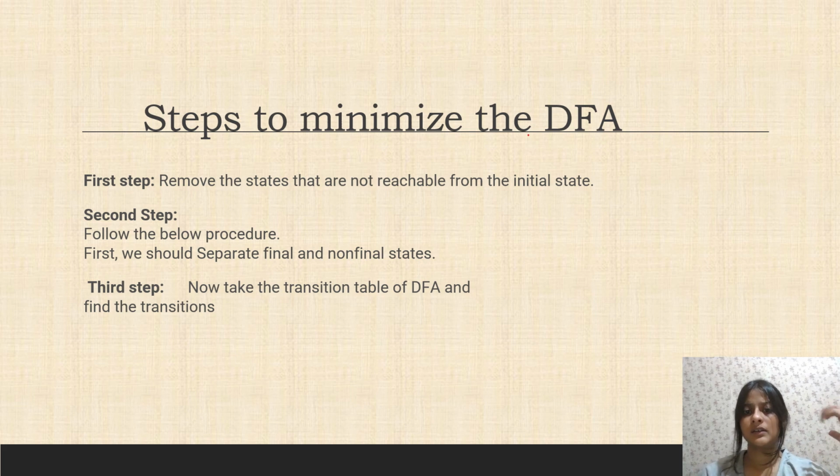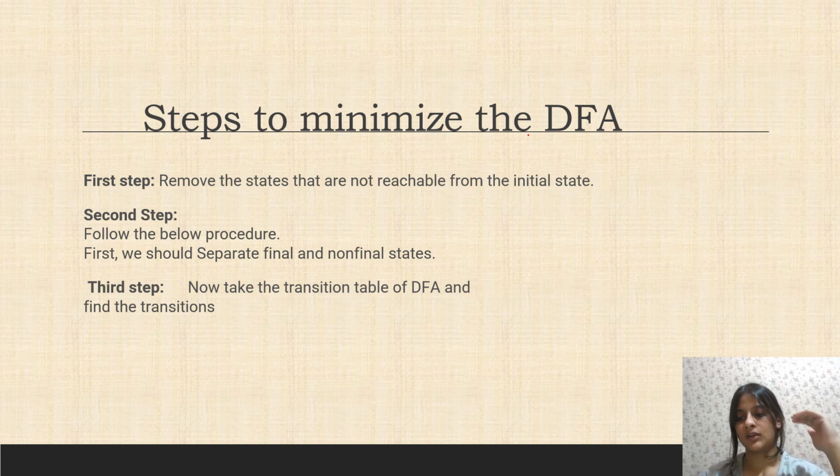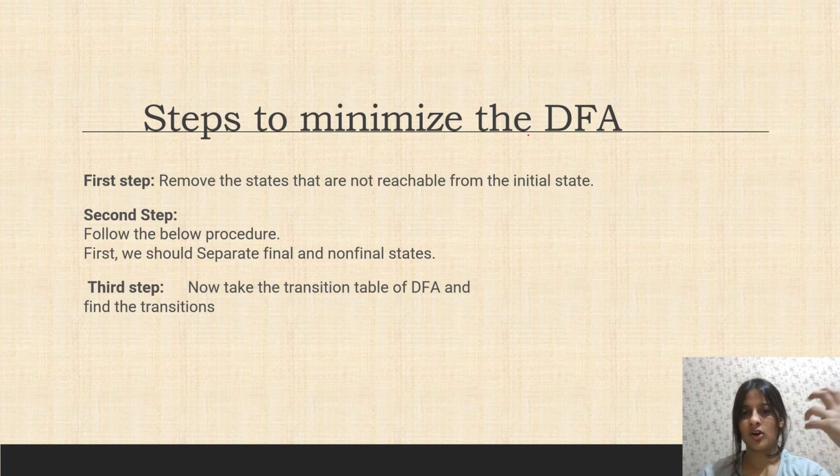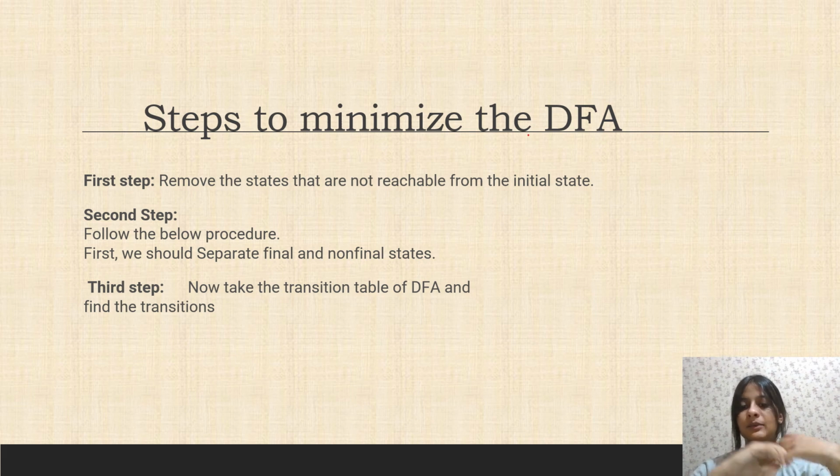Here are the short rule steps to minimize the DFA. We should know the protocol, the proper procedure, before solving anything, so I summarized it in a very short way. The first step is to remove the states that are not reachable from the initial state.